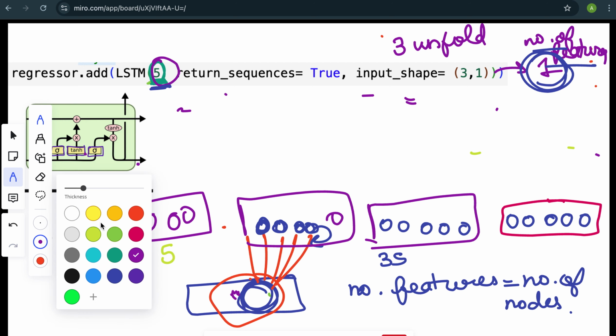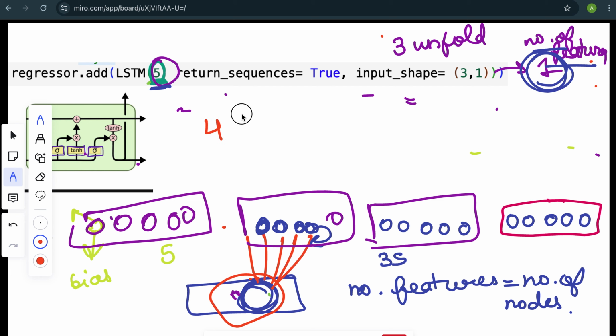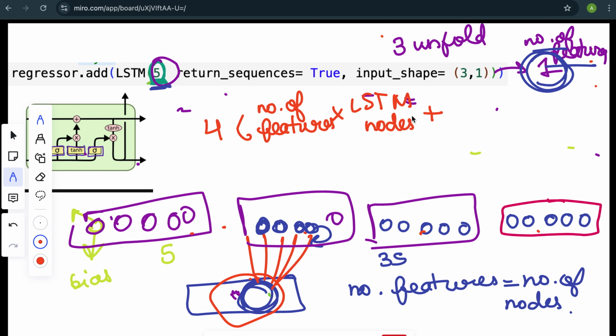So here the first number represents how many boxes there are: 1 2 3 4 boxes. And then the number of features in the input node times LSTM nodes. So this is making the first connection between input and the LSTM box.